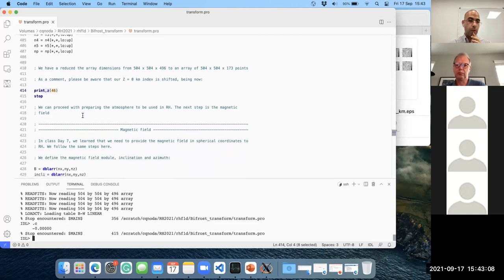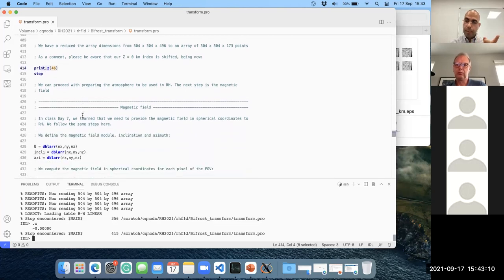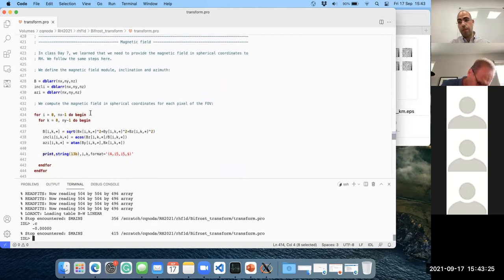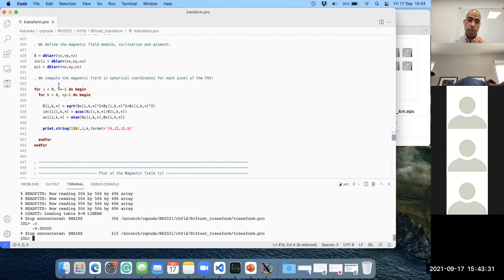Okay, so the next step is the magnetic field. As we are going to transform the magnetic field, if you reduced the vertical domain in the previous step, then this step will also be faster. And the idea, you remember, is that we need spherical coordinates. So we run a loop that covers all the spatial domain; this i and k will go over x and y.